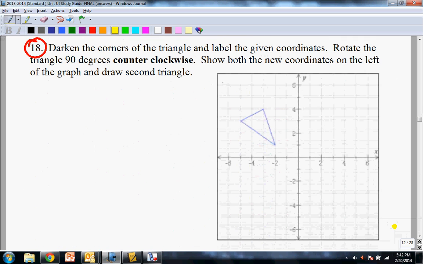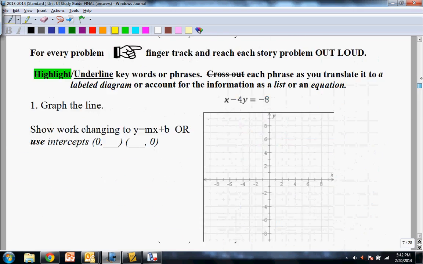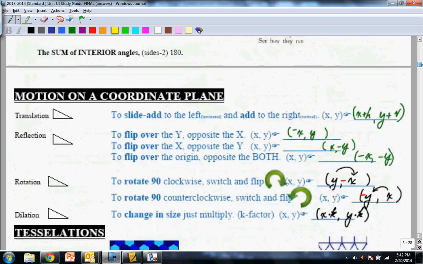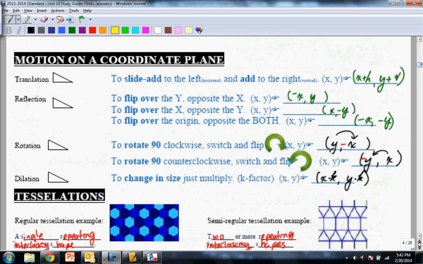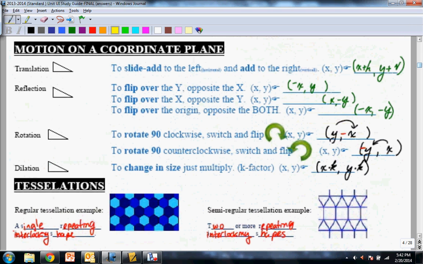It says darken the corner of the triangle and label the given coordinates. Rotate 90 degrees counterclockwise. Show both the new coordinates on the left and draw the second triangle. So we're going to do 90 degrees counterclockwise. If you go to the front, take a look here, you must have these memorized. To rotate 90 clockwise, we switch and flip to the right.